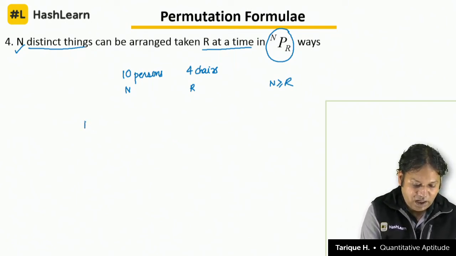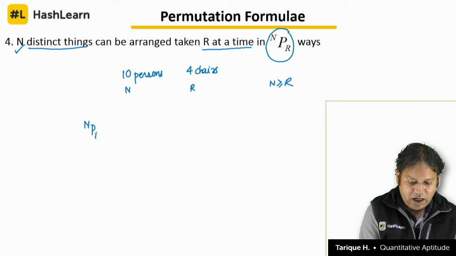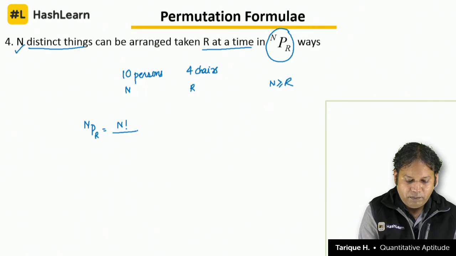What is this nPr? nPr is equal to n factorial upon n minus r factorial. Okay.